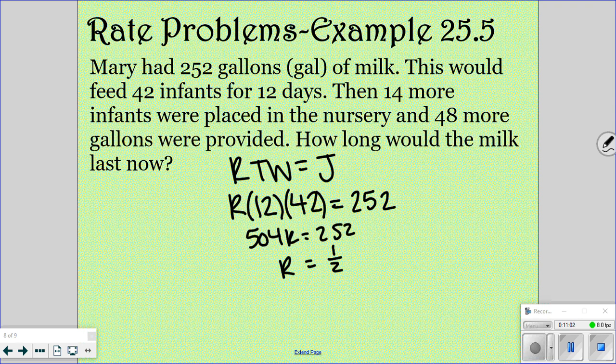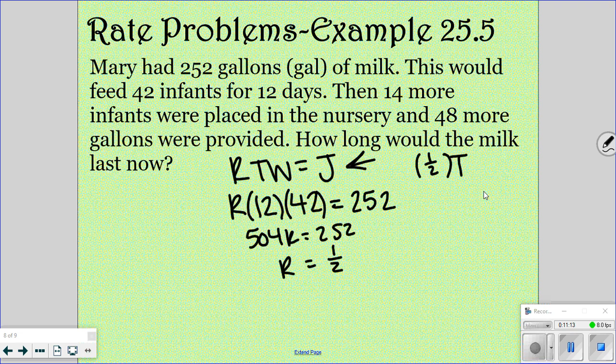So that's your R. Now we come back to the same formula and we start over. Our rate is 1/2. It says how long, so we're going to be solving for the T. We don't know the T. And then the workers, those are the infants. So we started with 42 infants, and then they added another 14 infants to that.